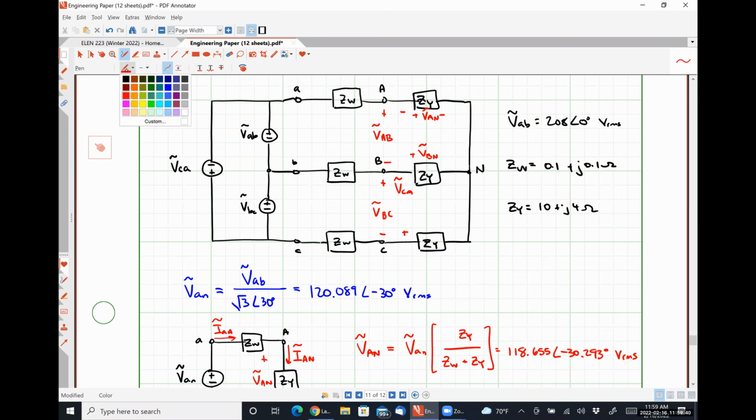What if I asked you guys for this current IAB, this current IBC, and this current ICA? Any thoughts on how we might approach solving for those quantities?